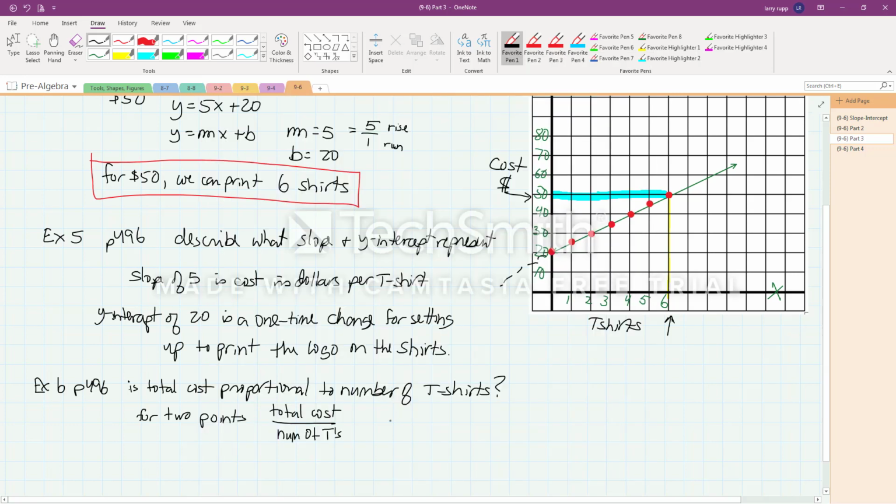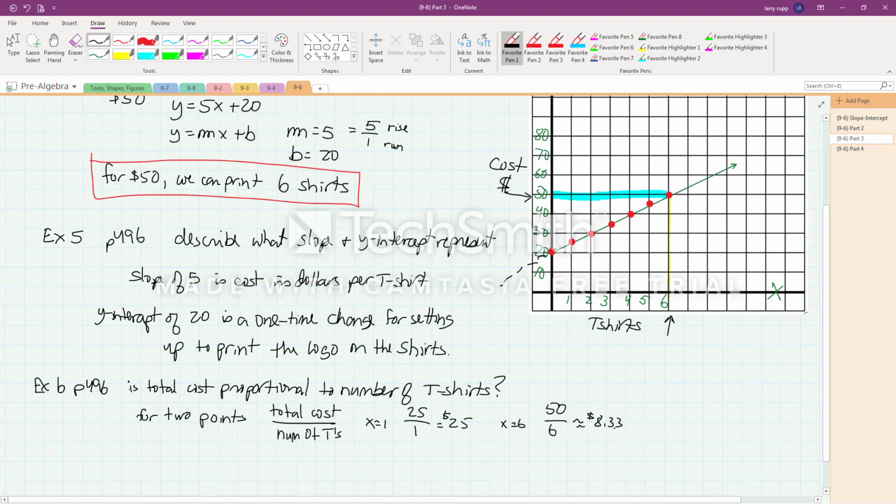How about when x is equal to 1? So for x equal 1, we have a total cost of what? If we look up there, it's 25 over 1. And that's equal to 25, right? Now what happens when x is equal to 6? Well, we know that one. When x is equal to 6, the total cost is 50 over 6, which is about $8.33 per t-shirt, whereas if you just buy 1 t-shirt, it's going to cost you 25 bucks.